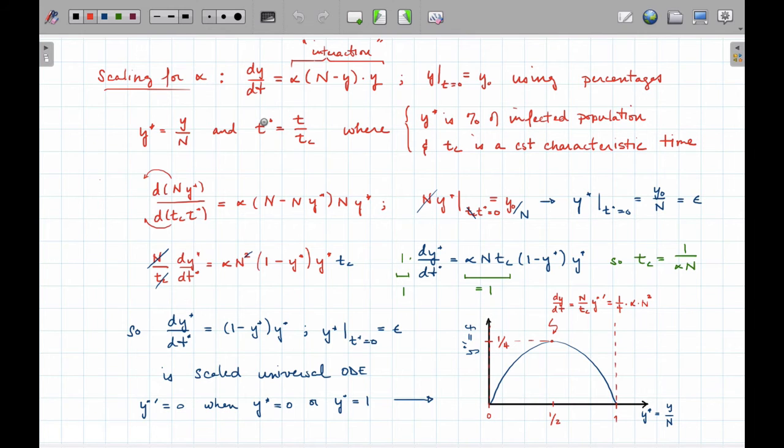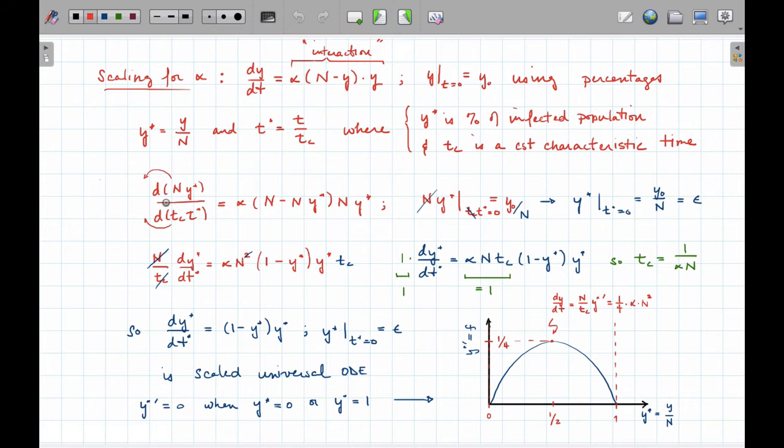So let's go ahead and do that. Wherever there's a y or a t in our differential equation or in our initial condition, we're going to substitute for what that is in terms of y star and t star. So y is n times y star. Wherever there's a y, I'm just going to put in n y star.